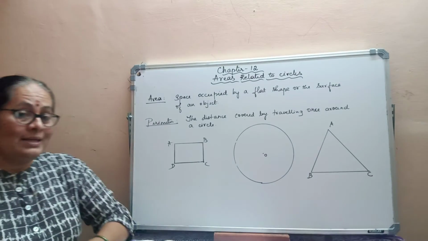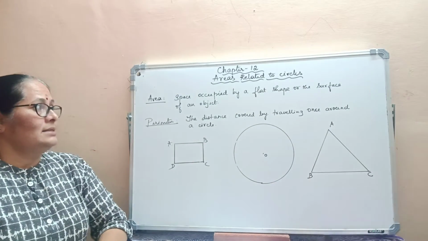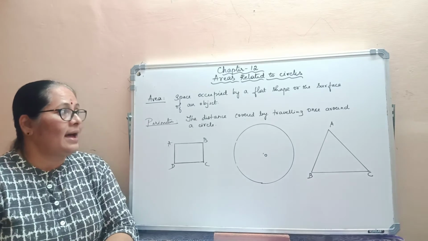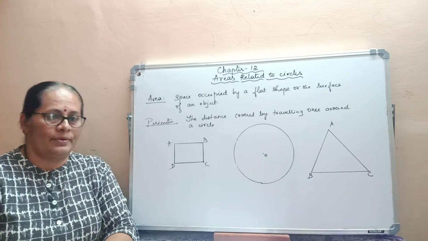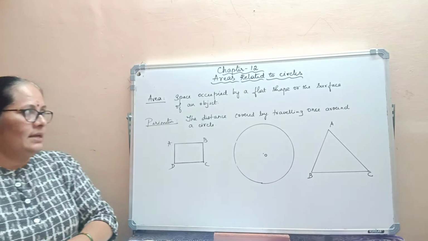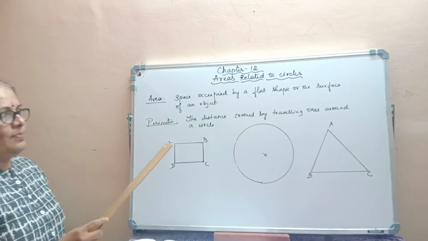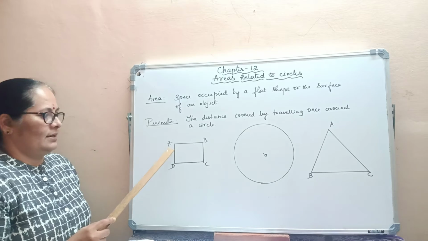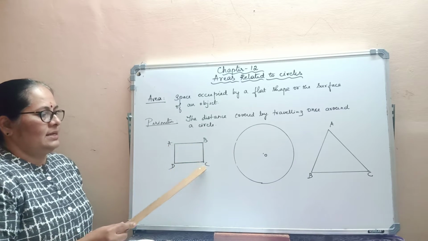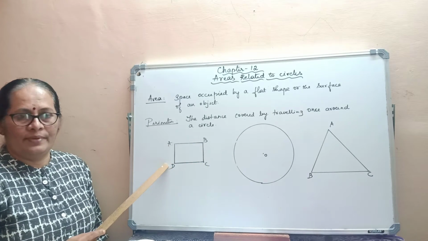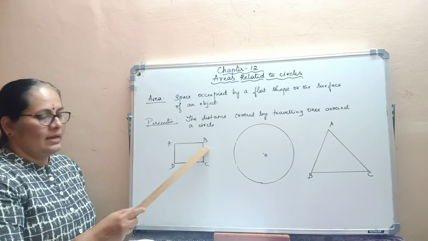Now, what is an area? Area is the space occupied by a flat shape or the surface of an object. See here, ABCD is a two-dimensional figure. What is its area?